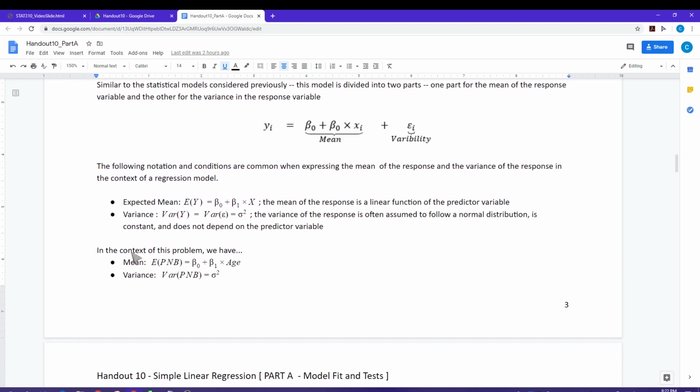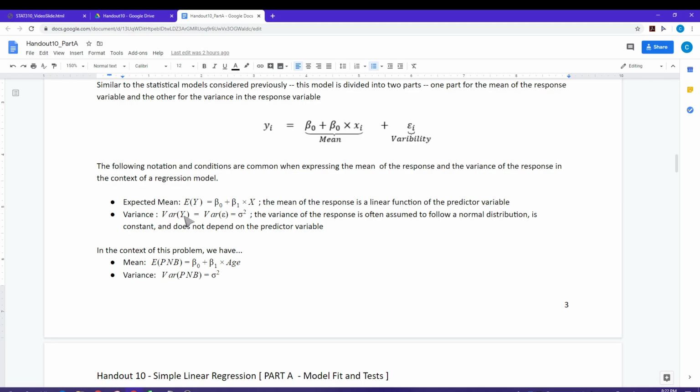So let's look at these 2 pieces in our model. We have the expectation part, or the mean part, which we express as E sub y given x equals beta 0 plus beta 1 times x. And all this is saying is that the mean of the response variable can be determined using a linear function of x.